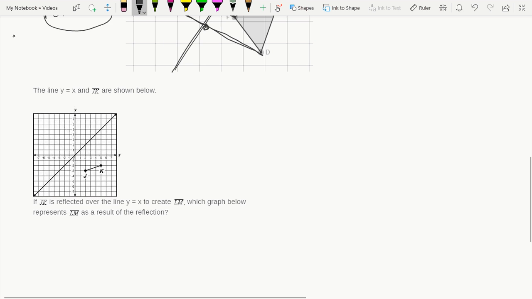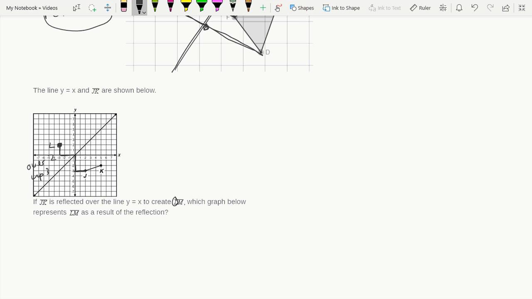I'm going to go J, if I go over 2 and up 3, it's going to get me to the line. So that was over 2, up 3. Well, if I just do the opposite, if I go over 3 and up 2, that will put me where my new point needs to be, which is going to be L.